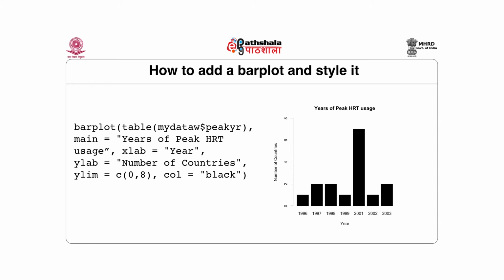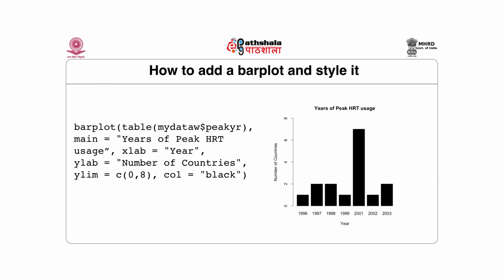In order to put a header, which is a stylistic part, to that graph, you will use the option main, and in this particular case we have decided that the main or the title should read as years of peak HRT use. X-lab basically stands for the label of the x-axis, so we say the x-axis is year.